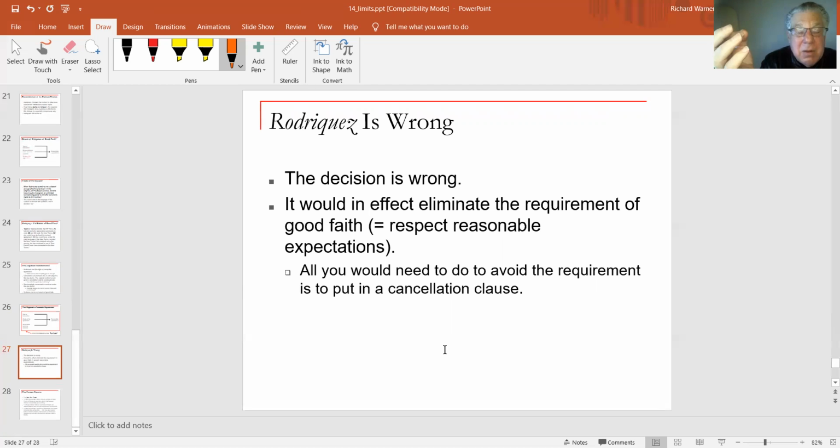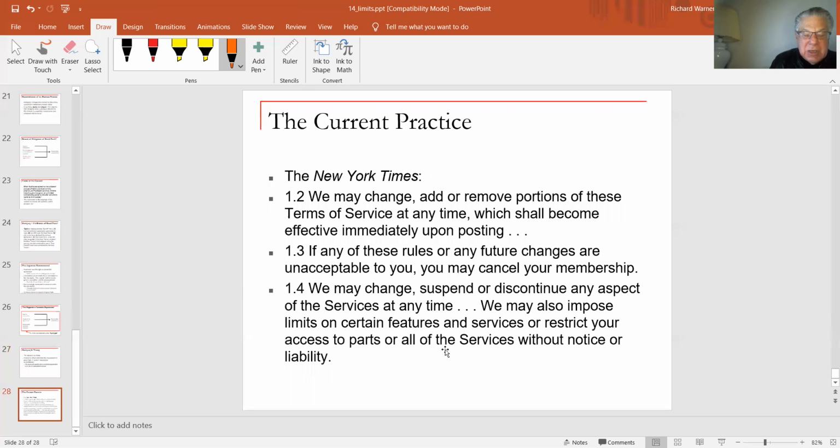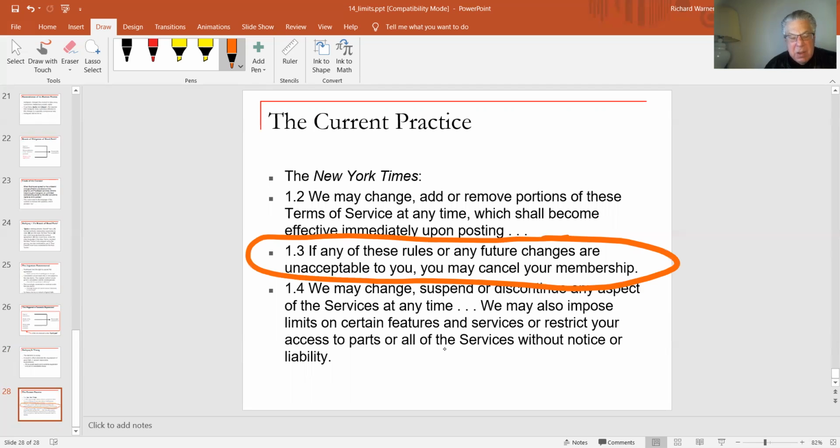But right now, we have Beatty and Rodriguez, and the conflict between the two cases is undecided, and you certainly see the Rodriguez decision reflected in contract practice, because look at the New York Times. They put in a cancellation clause for their consumers.